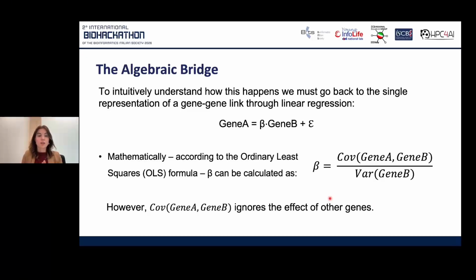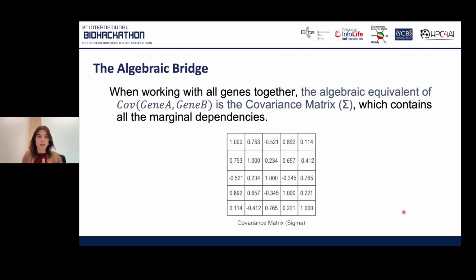However, this covariance is telling nothing about the effect of other genes. So even if gene A and gene B vary together because of the stimulation of a gene C, the covariance of gene A and B will still be high. So beta will be high, and the link will be drawn in our network if we follow this method.